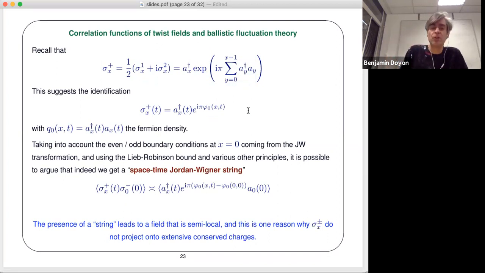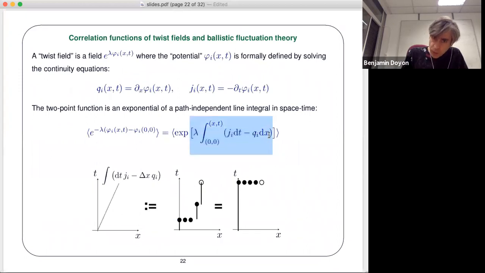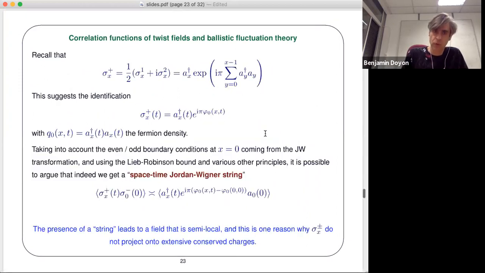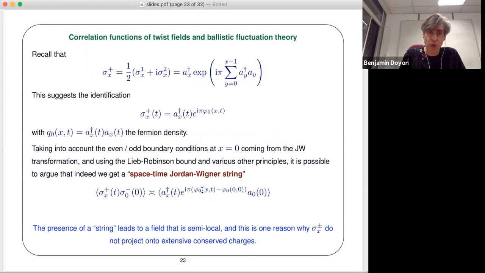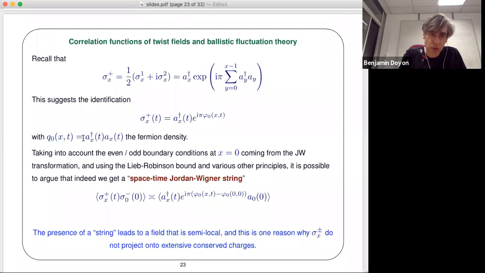But in fact, as it turns out, if you calculate the 2-point function, sigma plus, sigma minus, one can argue that the Jordan-Wigner string transforms into one of these space-time integrals of two currents. So it is exactly e to the i pi of a product of vertex operators, which I write as e to the i pi phi(x,t) and phi 0(0,0). And phi is the phi 0 because it corresponds to that conserved density, which is just the fermion density, one of the conserved charges available in the model.